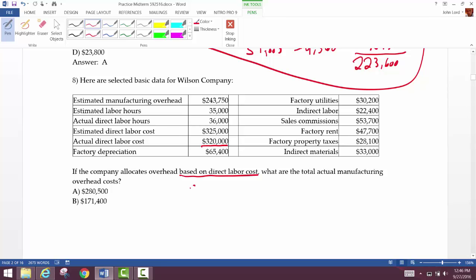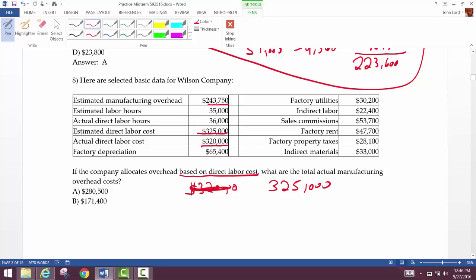320,000. Okay. Oops, but I need to pick up what? The estimated 325,000. And then I'm going to take what? Divide that by what?